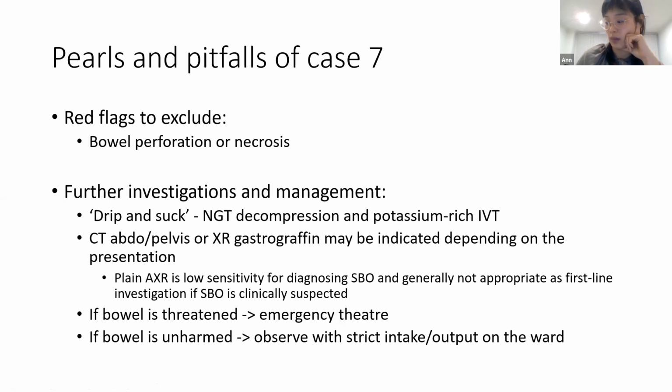And depending on how much was coming out of their NG tube, that would determine whether you leave it on free drainage, whether you give them a spigot and 4 hourly aspirates, or whether you give them meals by mouth with ice chips or clear fluids or free fluids and that sort of thing. So entirely guided by the clinical response, which would be things like borborygmi, passing wind, passing stool.